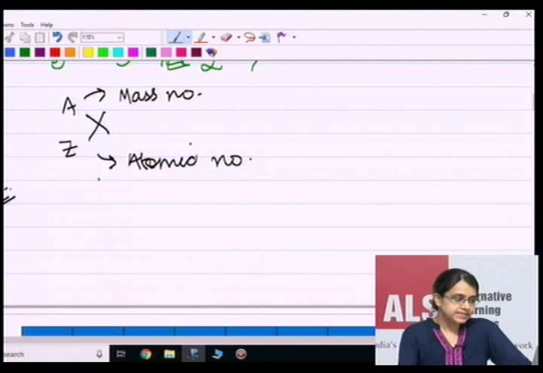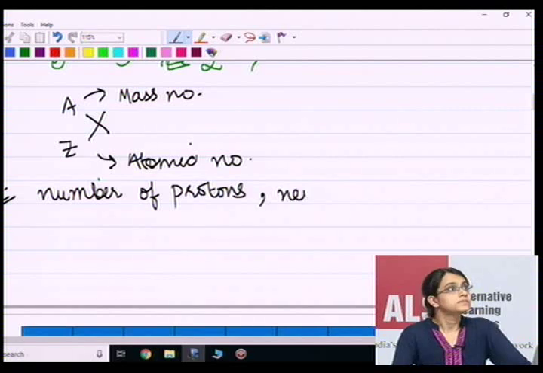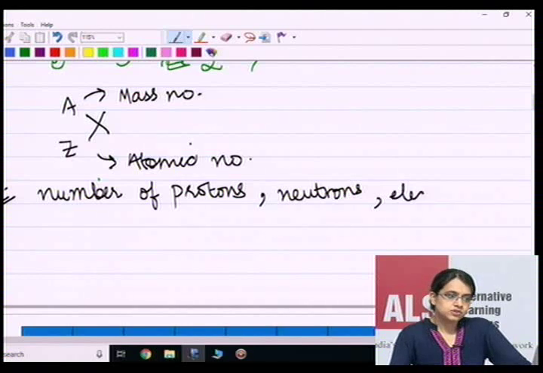First question, very simple, is you have to tell me the number of protons, neutrons and electrons present in Br.